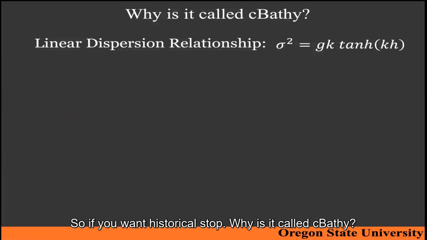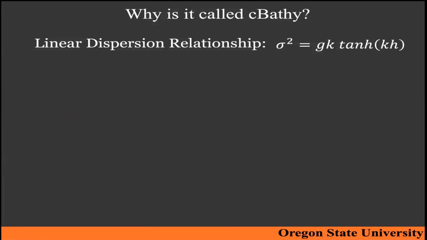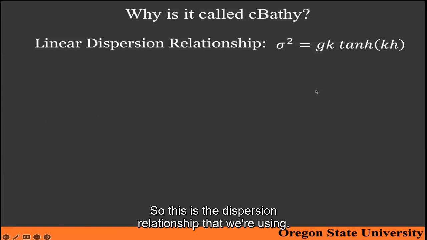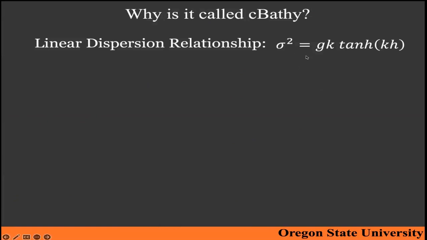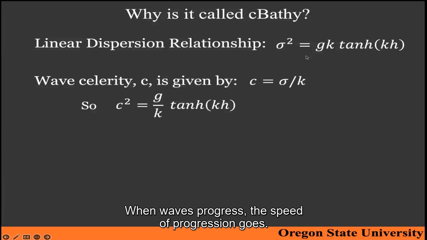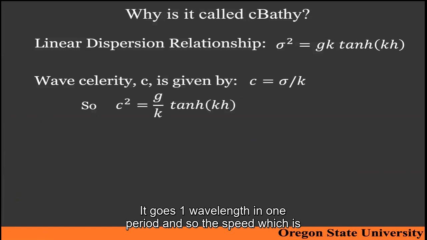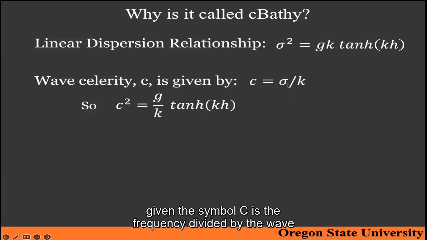Why is it called cBathy? So this is the dispersion relationship that we're using. When waves progress, the speed of progression goes one wavelength in one period. And so the speed, which is given the symbol C, is the frequency divided by the wave number.